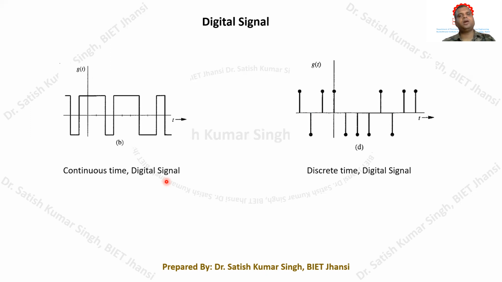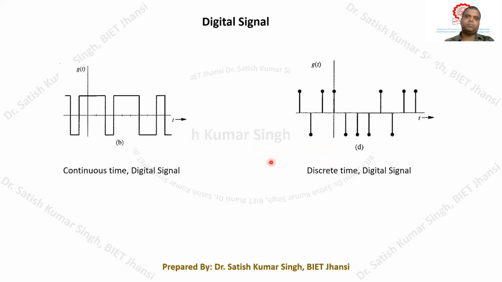Later on, the signal can be converted into a continuous time digital signal wherever it is required. But first of all, while converting an analog signal into a digital signal, we need to discretize both time and amplitude of the arbitrary signal. So let's see how this can be performed, how it can be done, in this particular discussion.